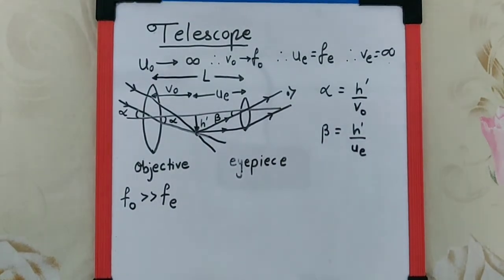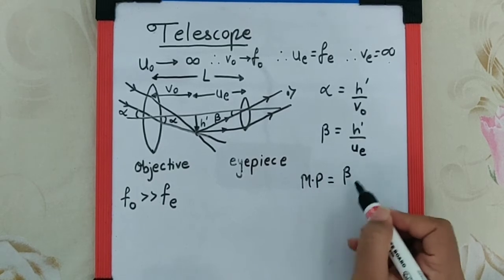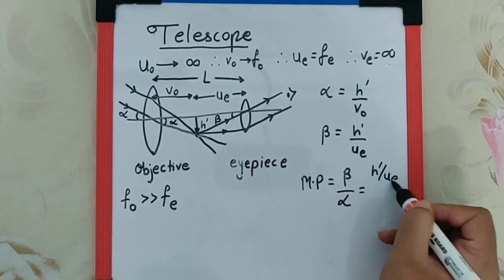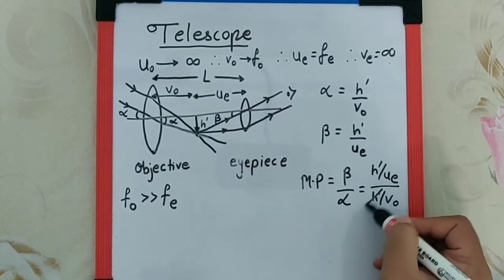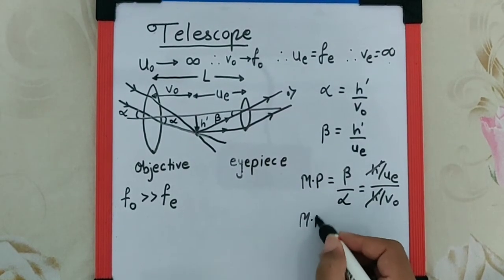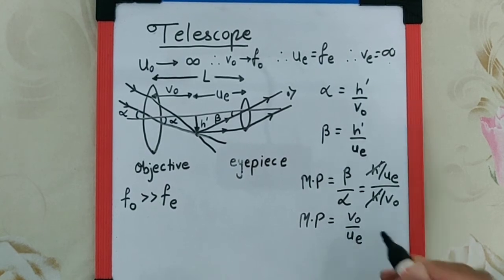Now that means the magnifying power, for which the general formula is beta by alpha, is nothing but h dash by UE upon h dash by VO. So h dash gets cancelled. And so we get the final magnifying power formula, which is the general formula, as VO by UE.